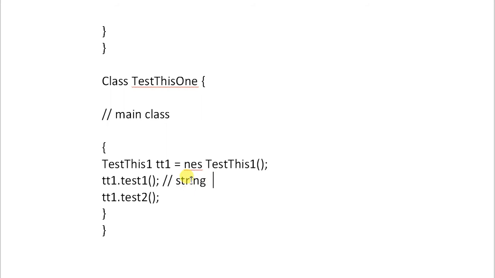What is the output of test2? That is this dot test1, the same string value, and before that the additional output, whatever added output.